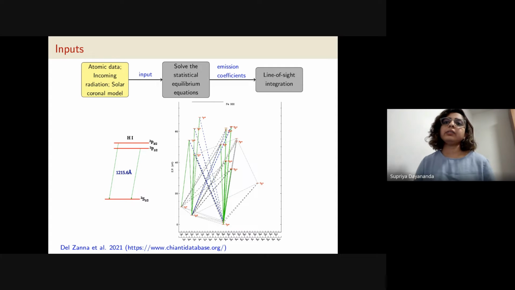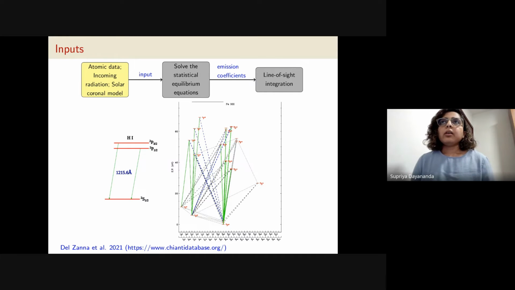So here is where you specify all the quantum level information of the line that you're looking at, like the different levels and their total angular momentum quantum number, Landé factors, radiative transition coefficients, collisional transition coefficients, and everything that comes as a part of the atomic information that you want to model, the line that you want to model.